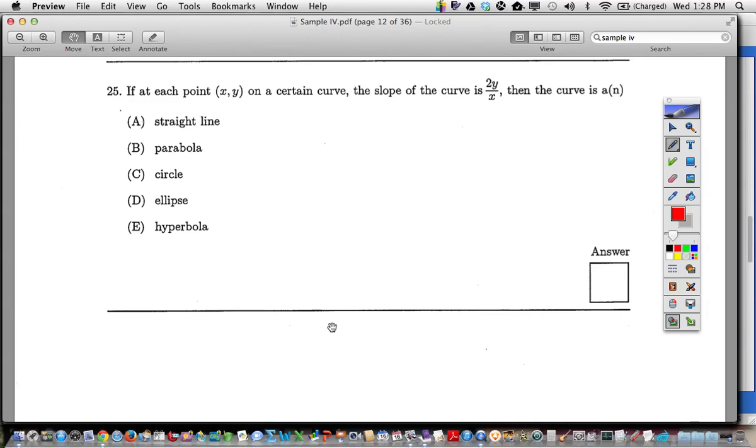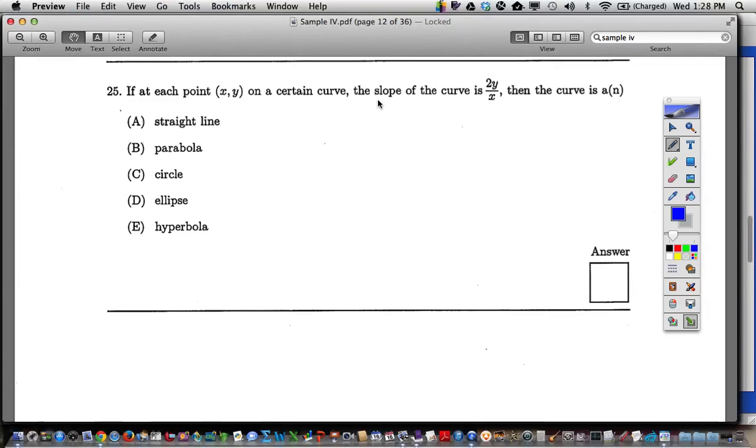But if you read this, it says at each point on the curve, the slope of the curve is 2y over x. Well, what's another name for slope of the curve? It's y prime, or dy over dx. So what they just told you there is that y prime or dy over dx is equal to that. Right? Hopefully that looks familiar now.